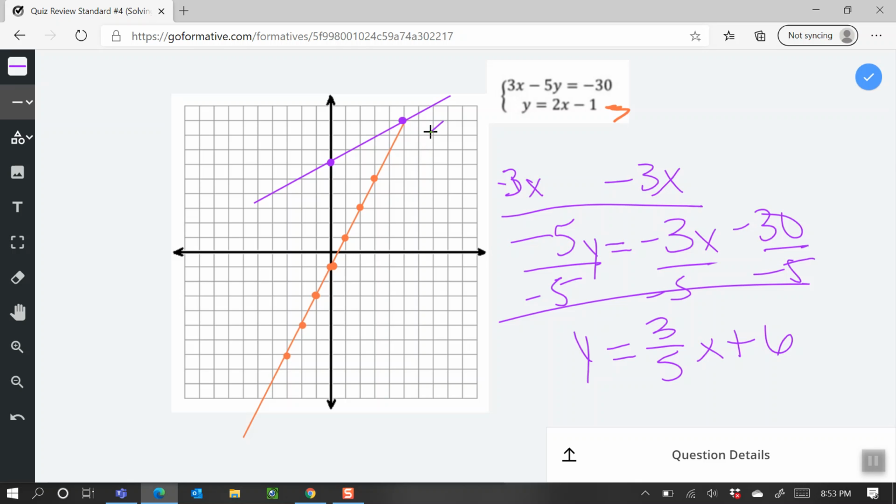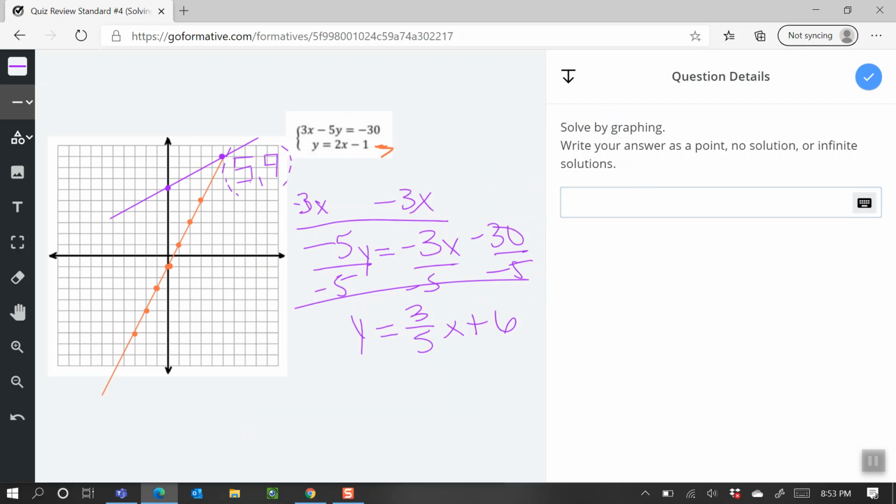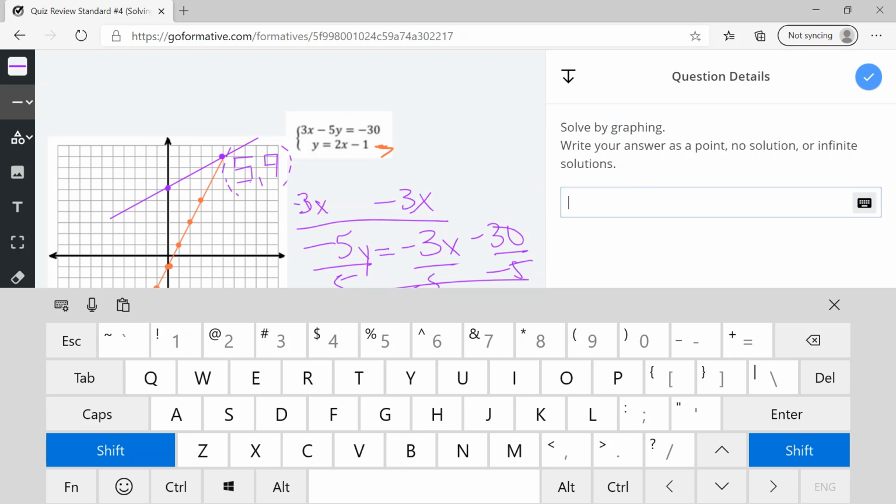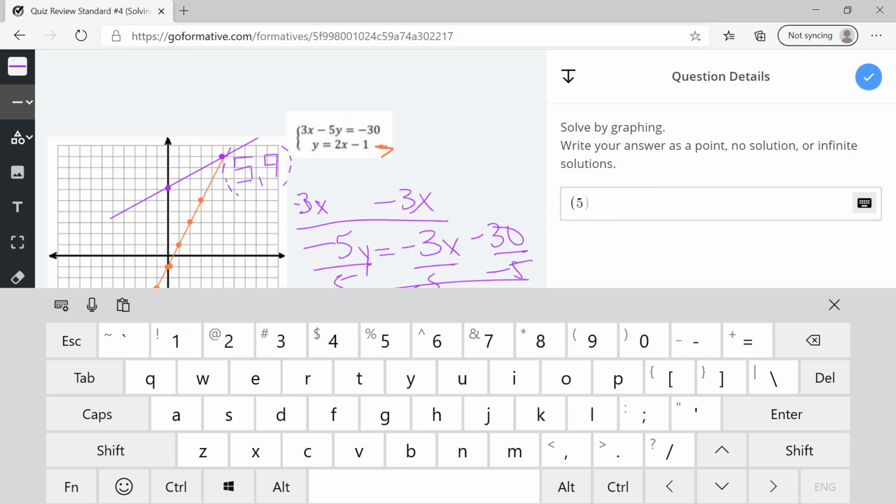So that's at 5. And the cool thing, oh, it didn't do it.